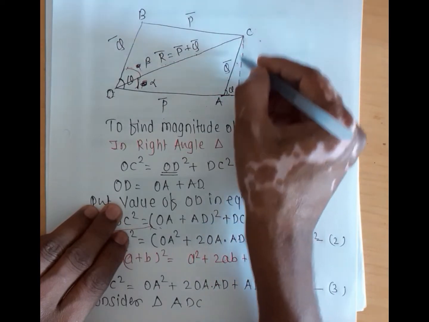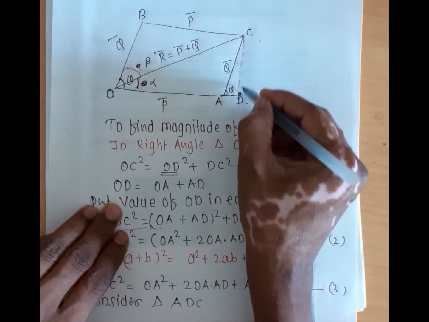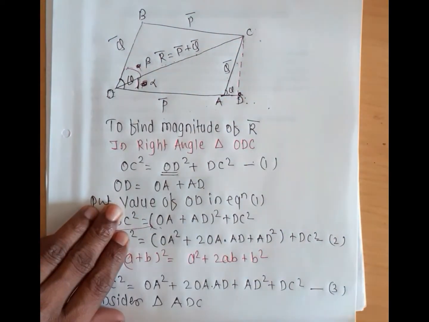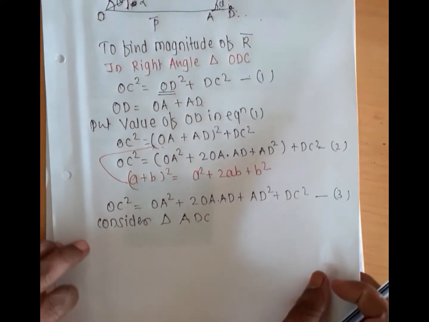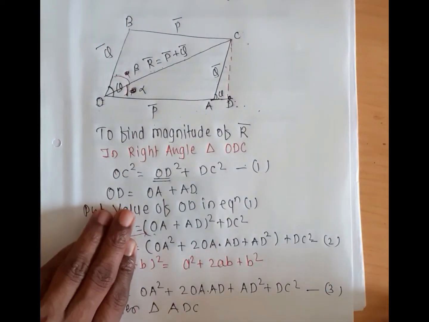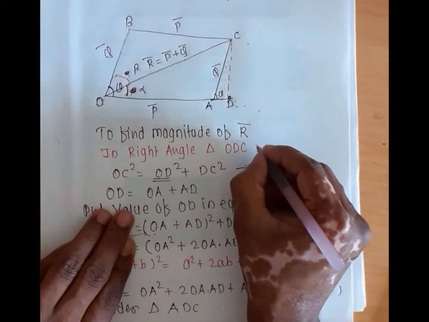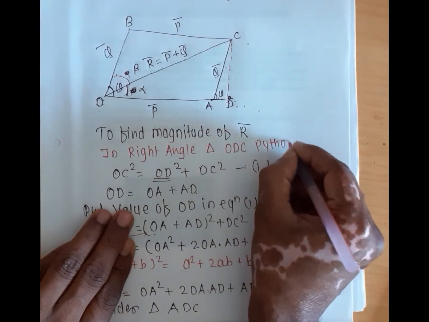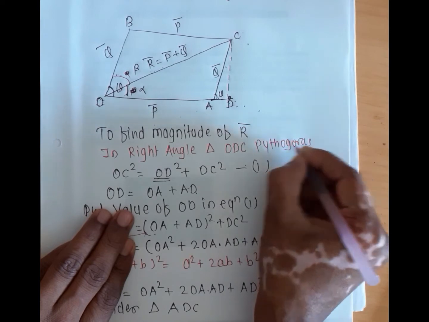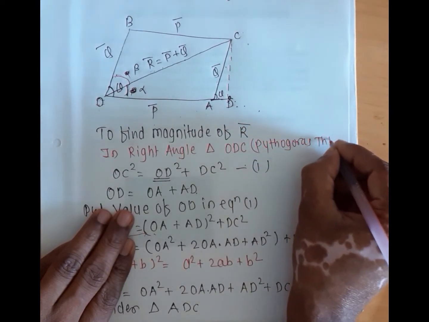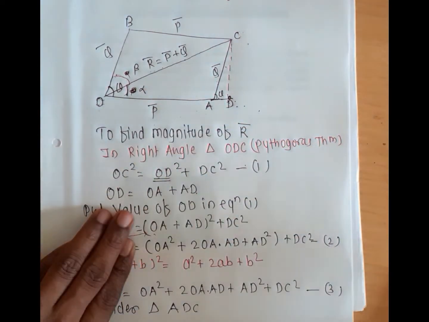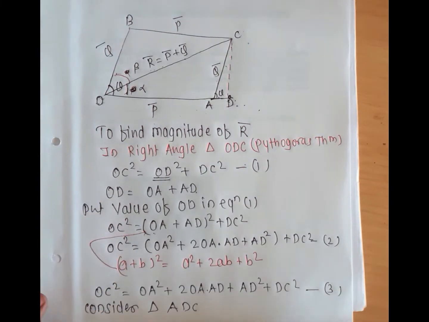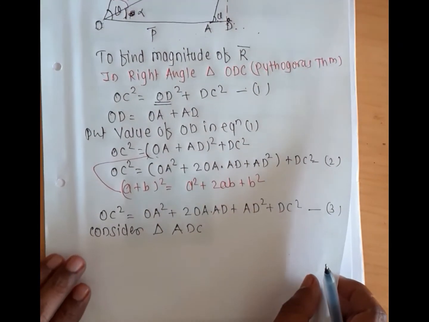This is also a right angle triangle because this is perpendicular to that line, and we again use the Pythagoras theorem. Here I write, in right angle triangle ODC, the Pythagoras theorem applied on it. Then what do we have?